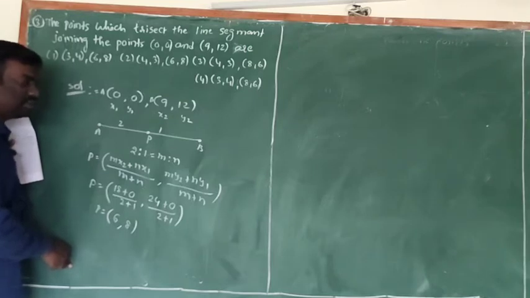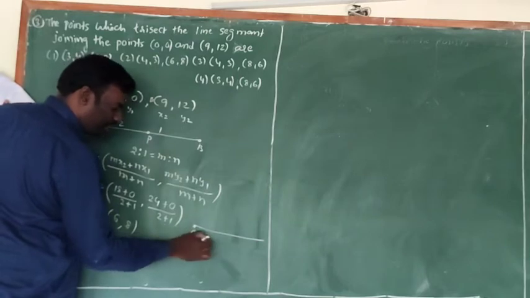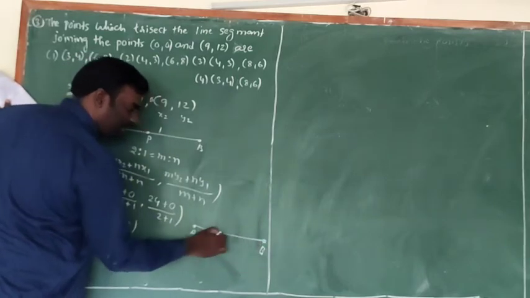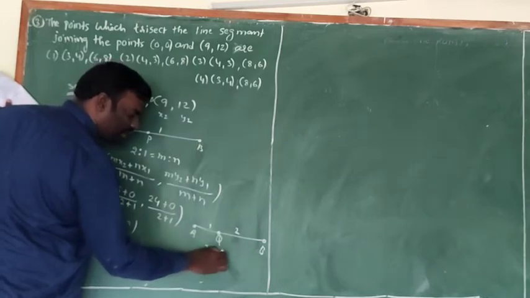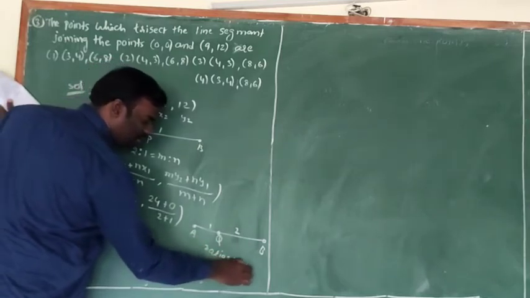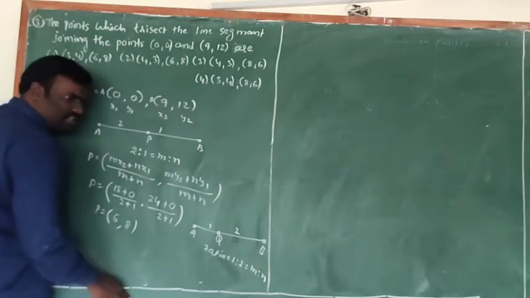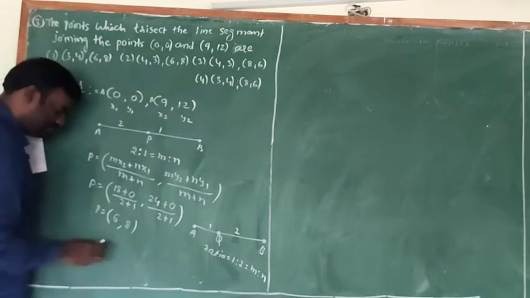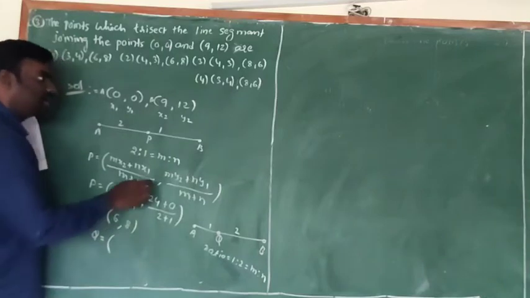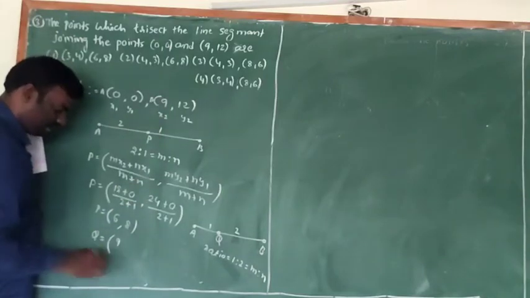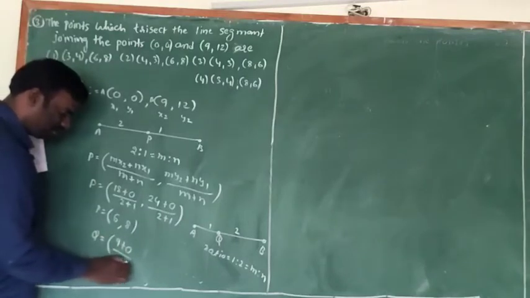Next, in points of trisection, a point divides the line joining 2 points in the ratio 2:1 as well as 1:2. If you take one more, A, B, this is Q point, it divides 1:2. Now the ratio is 1:2, which is m:n. You apply the same section formula, you will get Q. Now Q is equal to mx2, m means 1 into 9, plus nx1, 2 into 0, by m plus n, 1 plus 2.